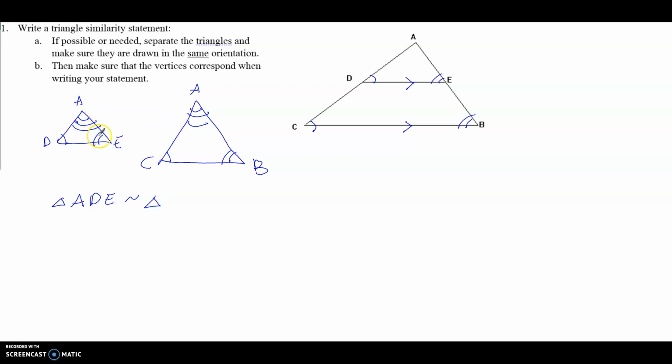So ADE would match up with ACB. So this would be your triangle similarity statement. You just want to make sure that your vertices match up. So A obviously matches up with A, D matches up with C, and then E matches up with B, and that's what we have here.